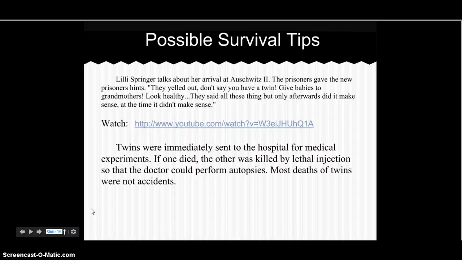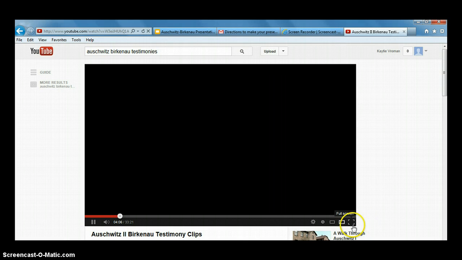The current prisoners gave the new prisoners hints such as, don't say you have a twin, give babies to grandmother, stand up tall, look healthy. She says, they said all these things, but only afterwards did it make sense. At the time, it didn't make sense. It meant nothing to us.